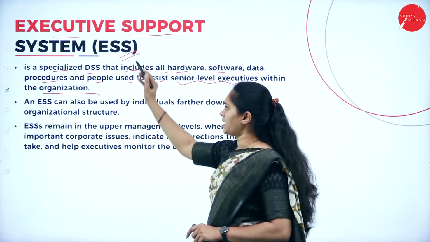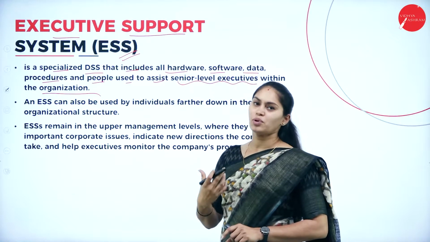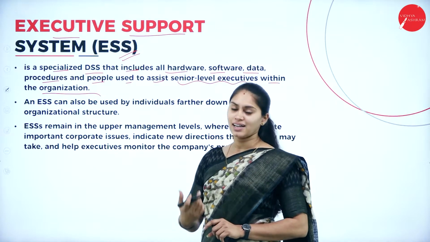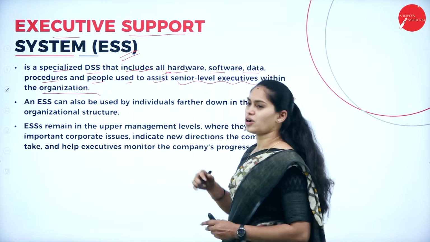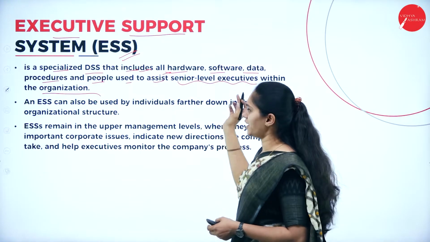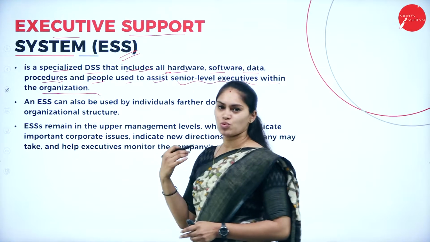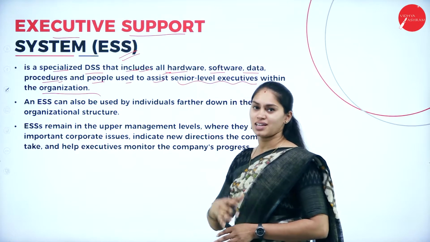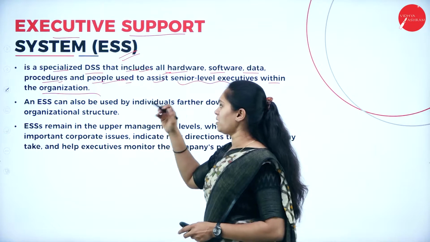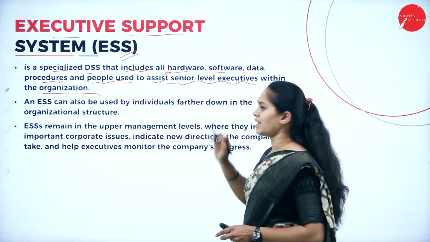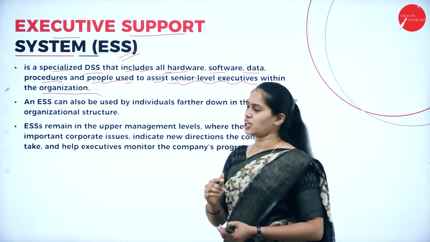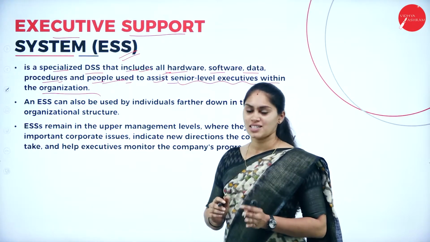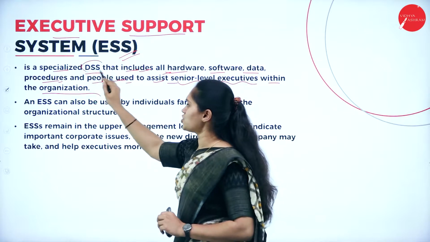So this ESS, or executive support system, is going to give guidelines and assistance, and it includes all kinds of hardware, software, the procedures, what things need to take place inside the organization, and the people used to assist senior level executives, mainly for the purpose of decision making.